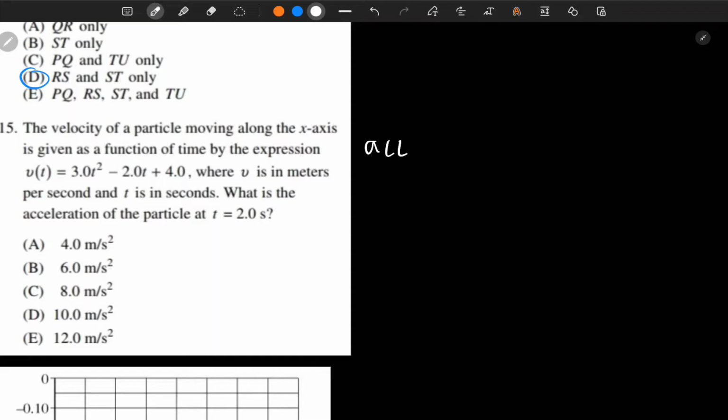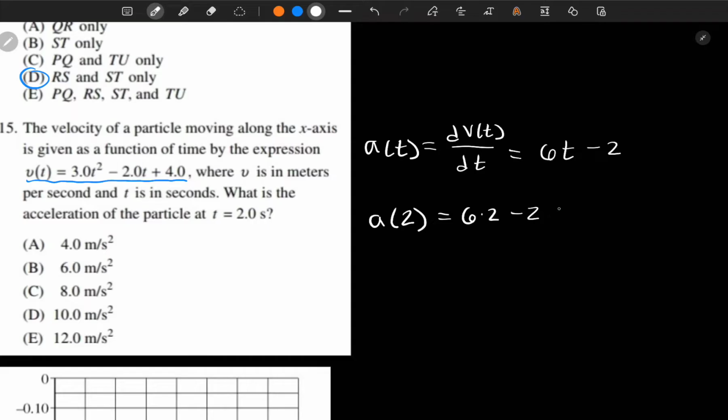That is, a of t is equal to the time derivative of the velocity, which here is given by 6t minus 2. Then, plugging in for t equal to 2, we find that the acceleration is 6 times 2 minus 2, which is equal to 10. So the answer is D.